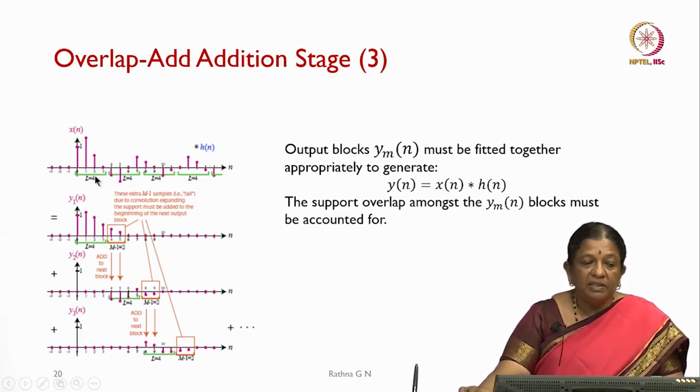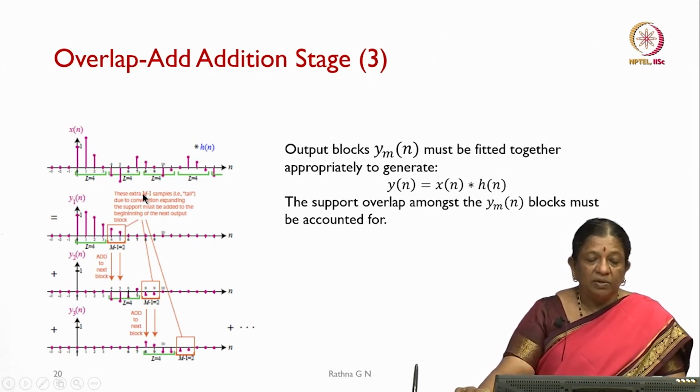As we can see here, this is the length we have; we convolve with h[n] and generate the linear convolution. We know it gives us length L plus M minus 1.